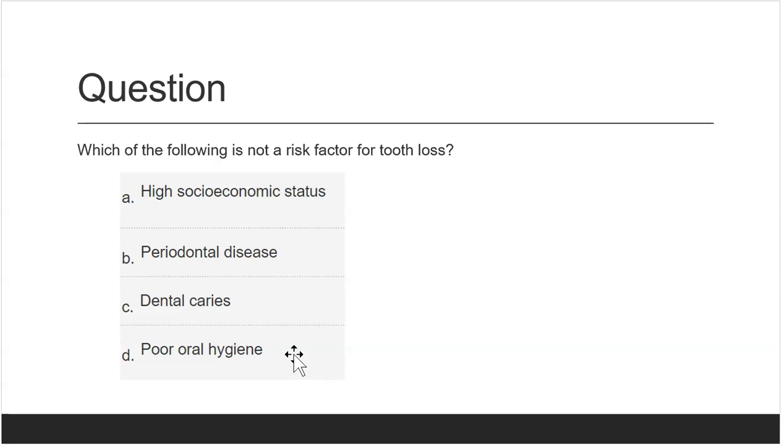It is high socioeconomic status, because people who come from a high socioeconomic level have good education and typically are well off, so they have the financial means to access dental care and health care and have a healthy lifestyle and good nutrition, which are preventive factors that protect you from tooth loss. But periodontal disease, dental caries, and poor oral hygiene are all risk factors for tooth loss.